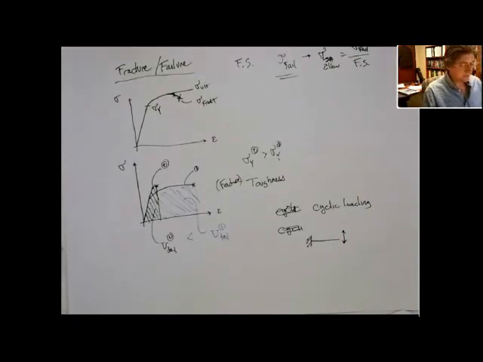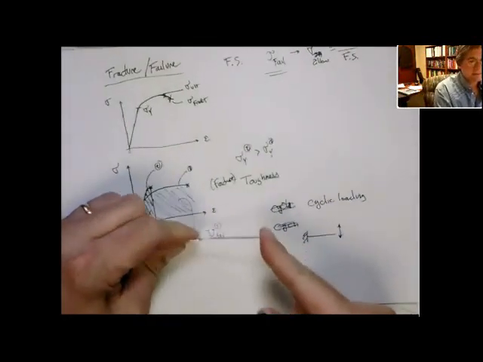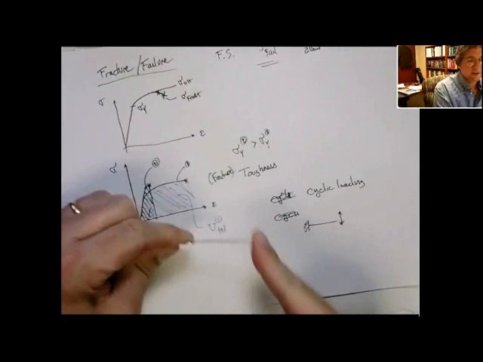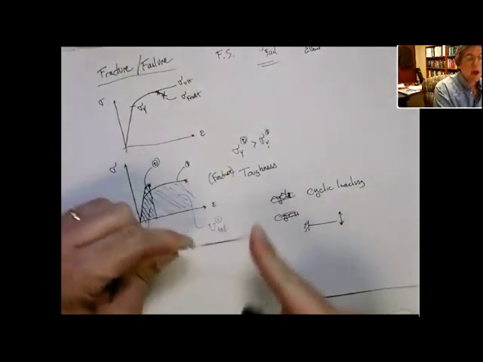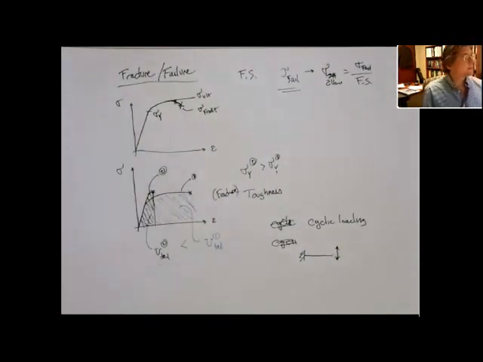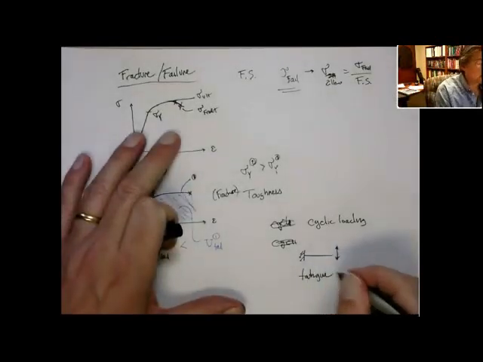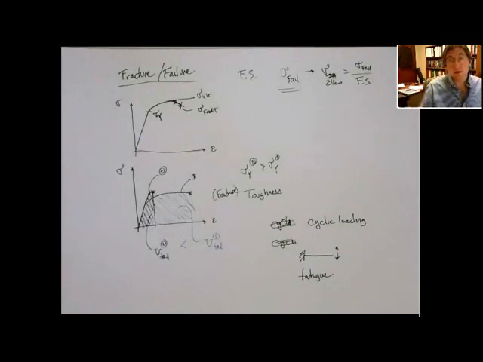There's some mechanism that makes it vibrate. What you find here is basically, as it starts to cycle, even though it might stay below yield, over time the stress at which it will fracture drops down. And that's what we call fatigue. So this has to do with cyclical loading.